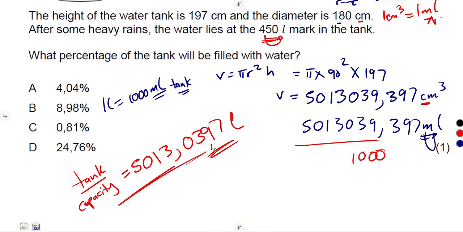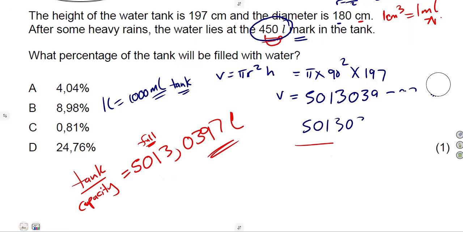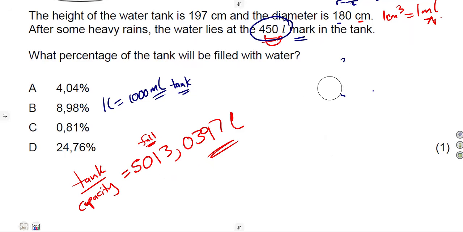This is the capacity of the tank, full tank, as it is. But here they're saying after some heavy rains, the water lies at the 450 liters mark. Meaning to say it's not full. Because our tank, guys, we have a tank of 501 and something liters. Only 450 is filled.